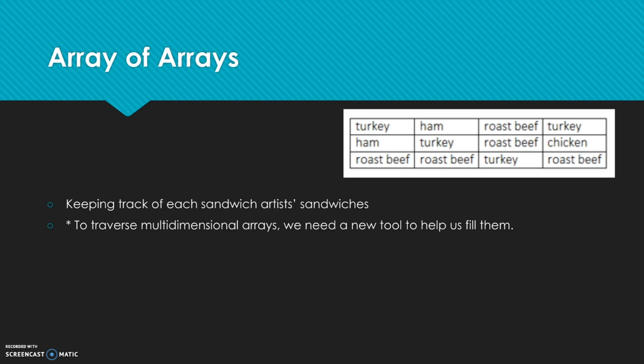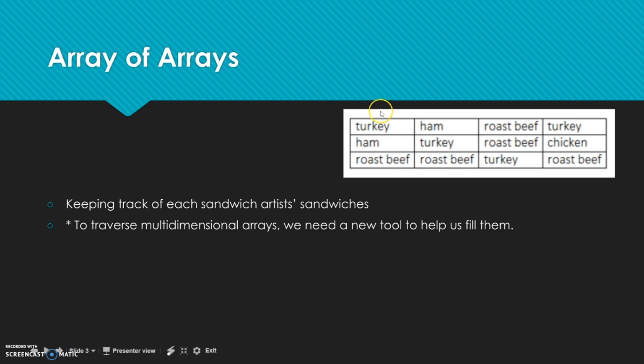If you have 4 sandwich artists, and we assume that each artist is represented by the columns, so you have 1, 2, 3, 4 columns, and then on the rows, you have 3 rows of the types of sandwiches that the artist specializes in, right?